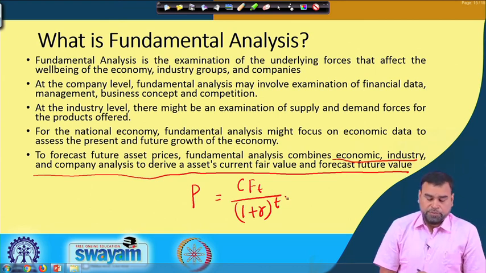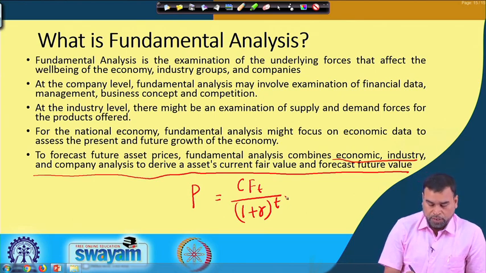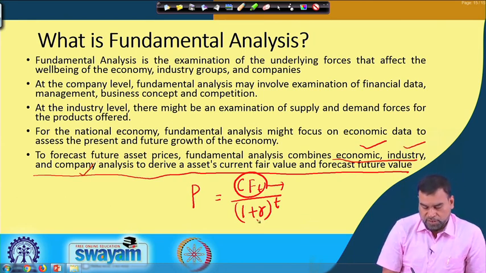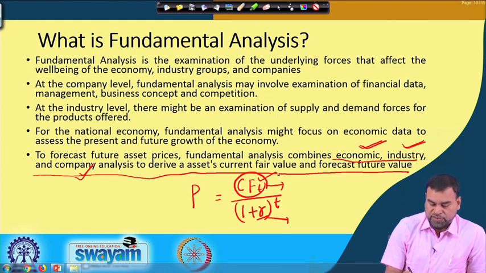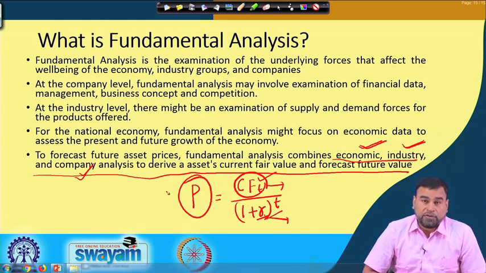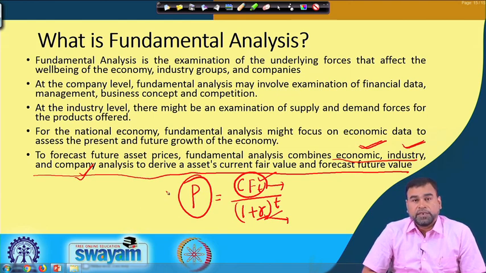The cash flow gets affected by any change in the economy, industry or company. The discount rate may also change with respect to economic, industry and company factors. So, once the cash flow or the discount rate changes, obviously the price of that asset changes.